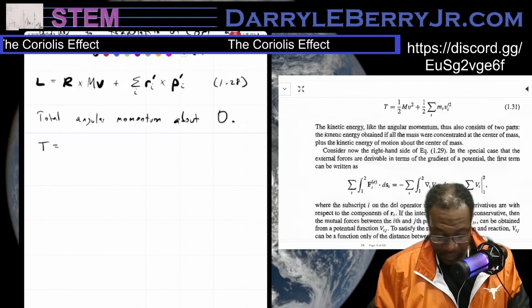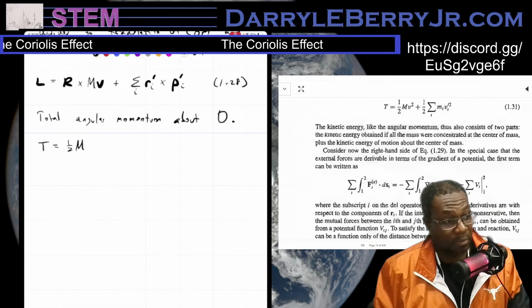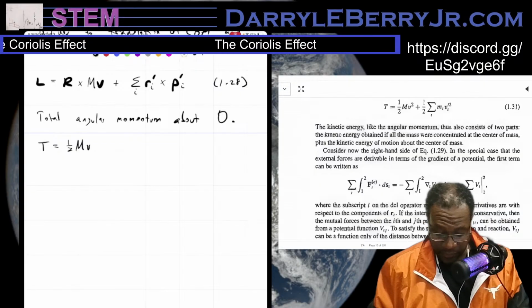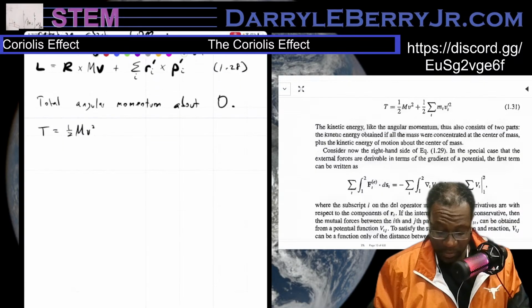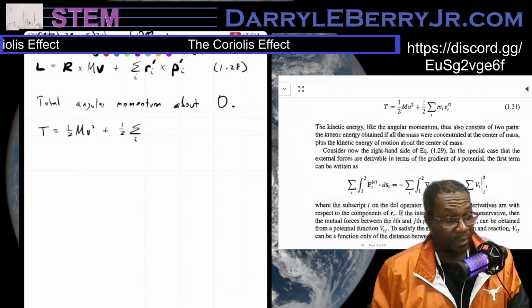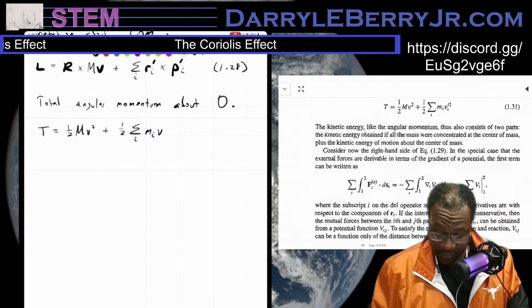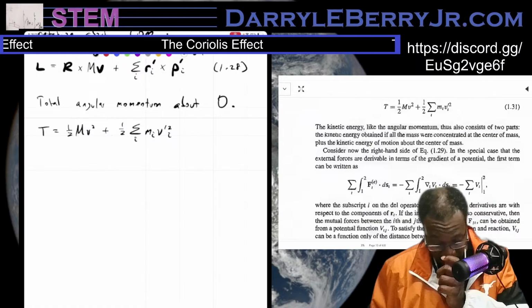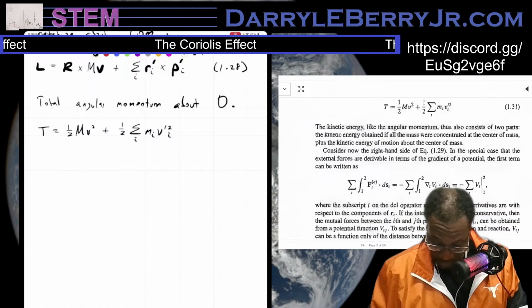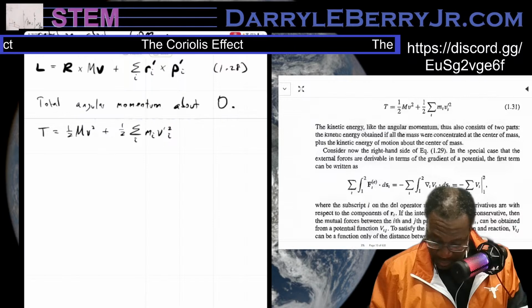Kinetic energy equals 1/2 m v squared plus 1/2 sum m_i v_i prime squared. Back then we were dealing with the prime coordinates.